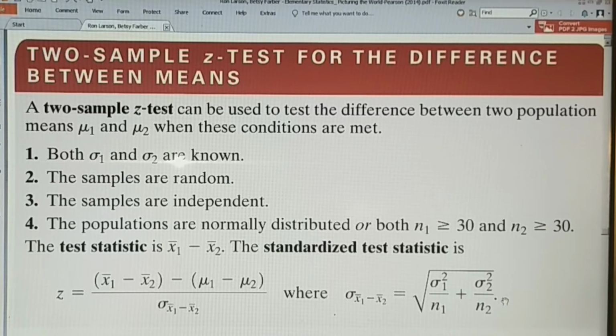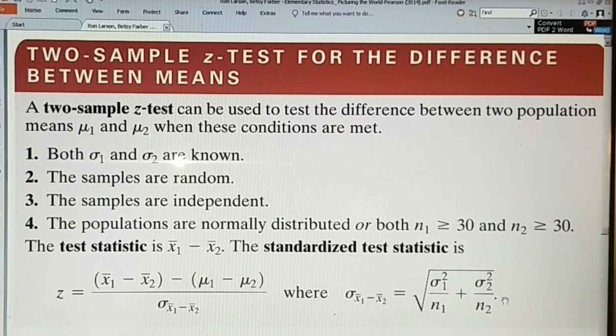Number 3, the samples are independent. Number 4, the populations are normally distributed or both n sub 1 is greater than or equal to 30 and n sub 2 is greater than or equal to 30. The test statistic is x bar sub 1 minus x bar sub 2, and the standardized test statistic is described by these two formulas.